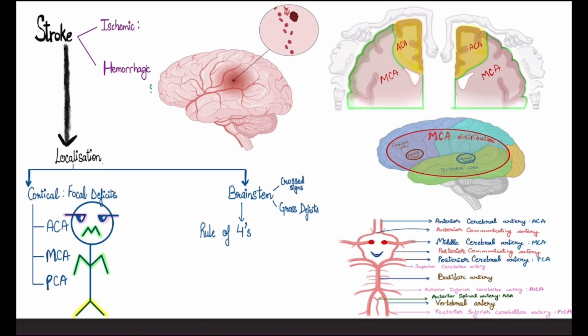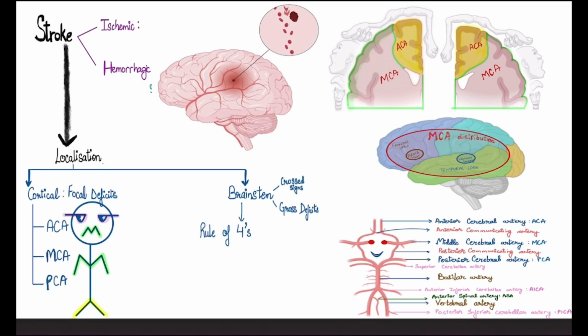Now, these crossed signs are because, remember, most of the motor and sensory tracts tend to cross over in the brainstem. So, if the tracts are crossing over, of course, the symptoms will be on the opposite side of the lesion. We'll get into that later, but let's first tackle the easy peasy cortical stroke.